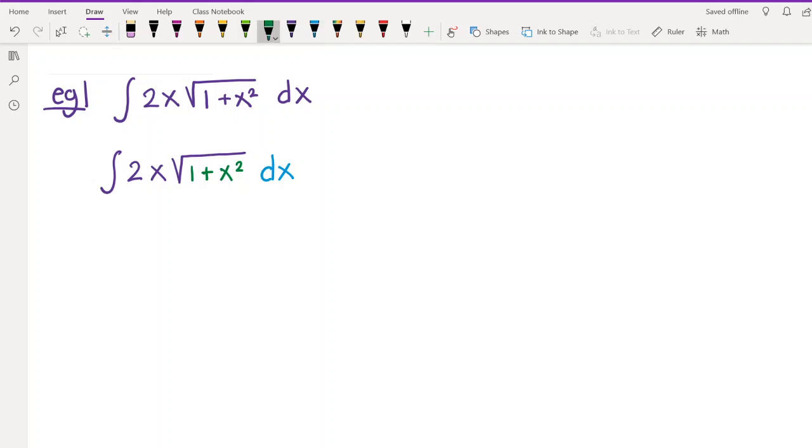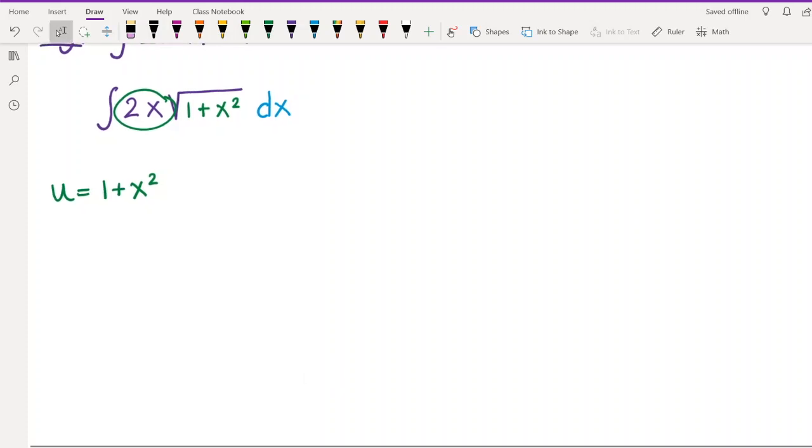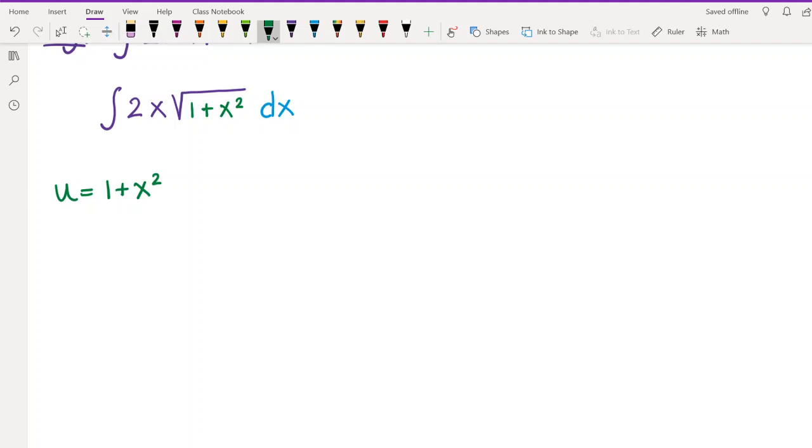So the first thing we're going to do is let u equal 1 plus x squared. Like in the last example, we also need to find a way to change the dx into a du. You might also be wondering about the 2x part. We'll see that when we do the dx du business, that takes care of the 2x, and we'll see how that happens.